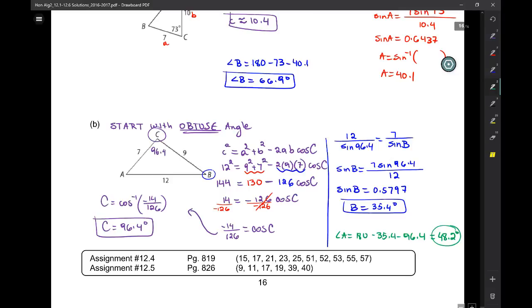And again, you want to make sure that the order of the sizes match. So C is the biggest angle, it faces the biggest side. We got B as the smallest angle, and it looks like that faces the smallest side, and A is the middle angle, faces the middle side. Okay?